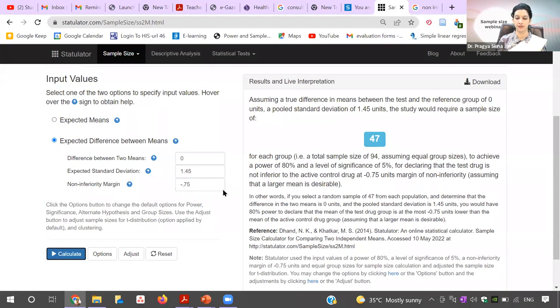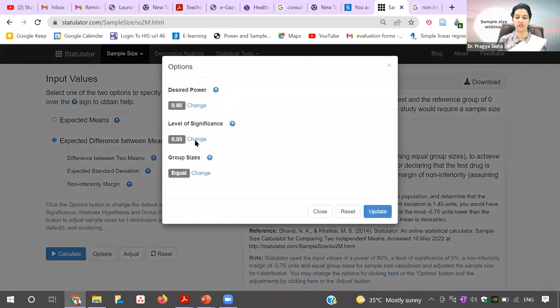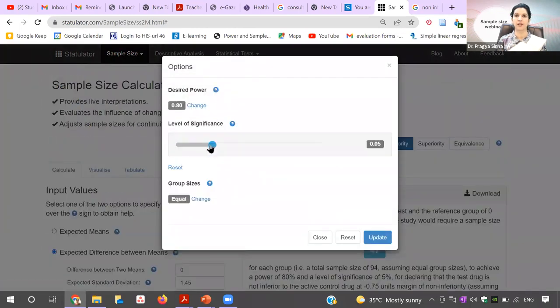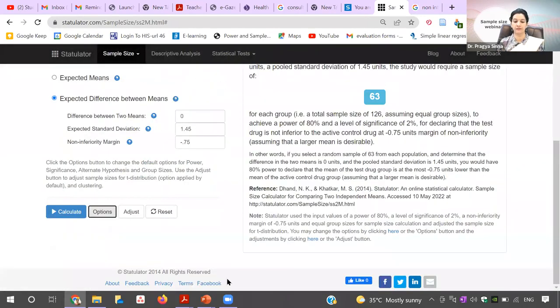But remember, the alpha was 2.5%. So I'll change the alpha. Maybe I'll reduce the alpha. The problem with this Statulator is it will take either 3 or 2. So I have calculated, and the value is coming as 63 in each arm, so a total of 126.